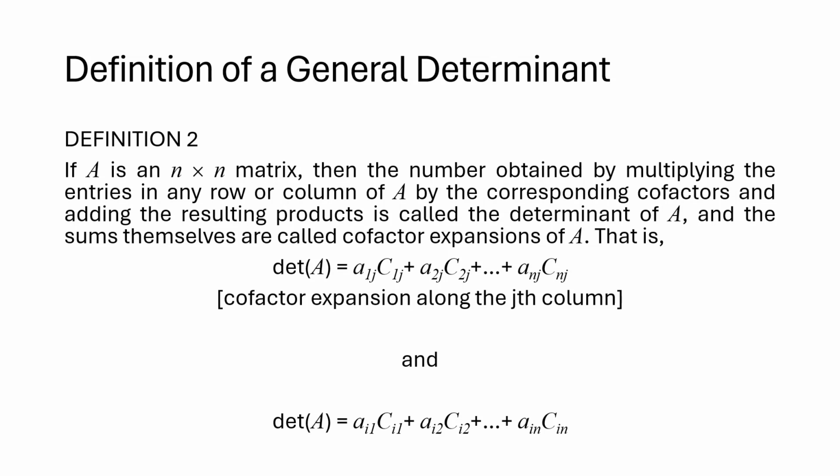And the determinant of A is equal to, again, A sub i1 times the cofactor C sub i1 plus A sub i2 times the cofactor C sub i2 plus and so on plus A sub in times the cofactor C sub in, which is also called the cofactor expansion along the i-th row.